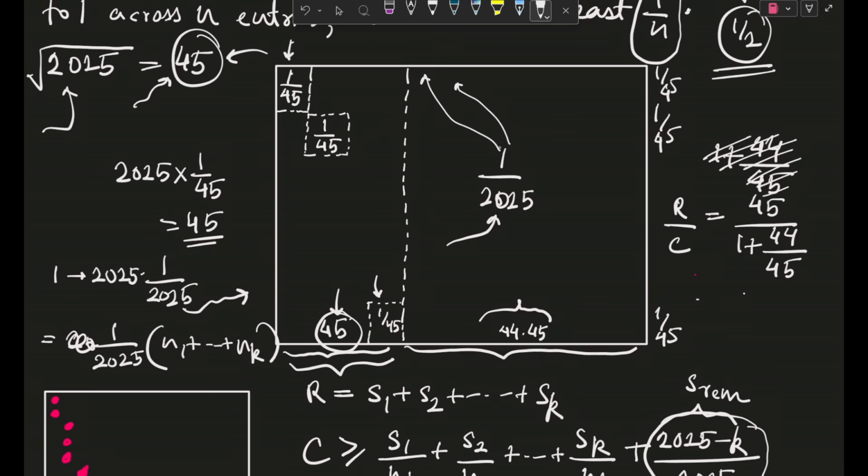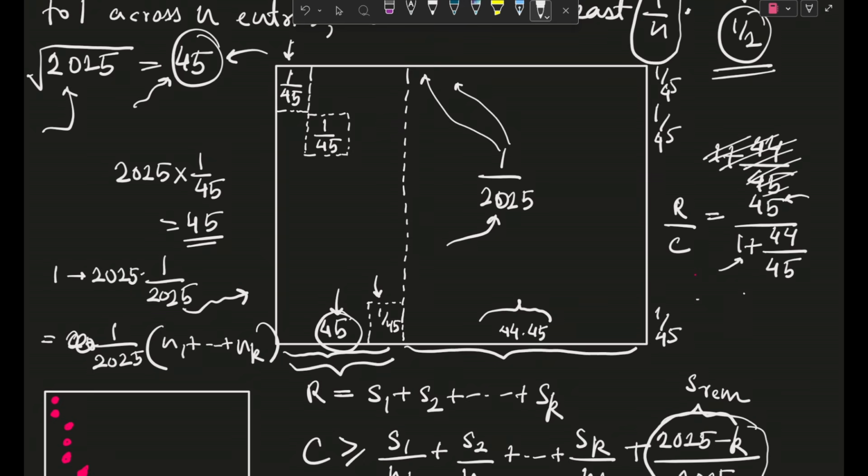So 2025 times 1 by 45 gives us 45. That is why in the row it is 45. And for the columns, it is 45 times 1 by 45 entries in the first 45 columns. So 45 times 1 by 45 is 1. And after that, you will have 44 into 45 entries.